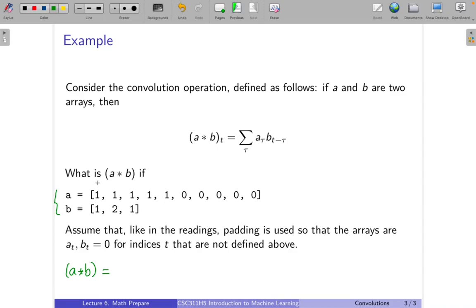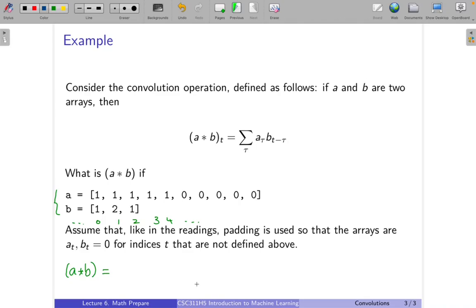I'm going to say that this is index 0, 1, 2, and so on. It really doesn't matter what index convention you use, again, because these arrays extend infinitely in either direction. So you could use a different convention and come up with the same answer.